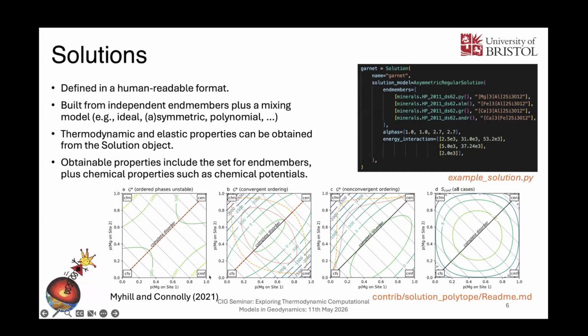And so there's a paper that I published basically explaining the mathematics of solid solutions, which I published with Jamie Connolly in 2021, where we essentially do a bunch of very simple prototyping and show you the origins of convergent ordering and non-convergent ordering in solid solutions as they are used by the geological community. And so again, here, this is also provided as a contribution package within BurnMan.